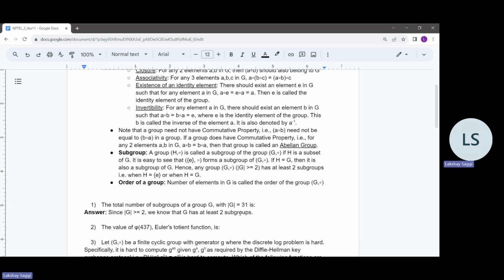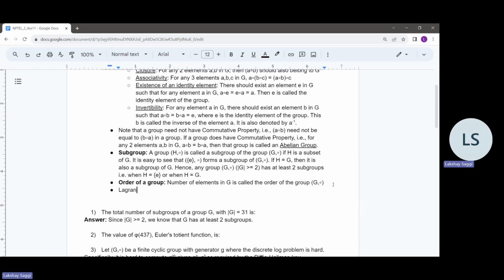And that's where an important theorem which has been covered in the lectures comes in. I'll write that theorem down. It's called the Lagrange theorem. And what does the Lagrange theorem say?